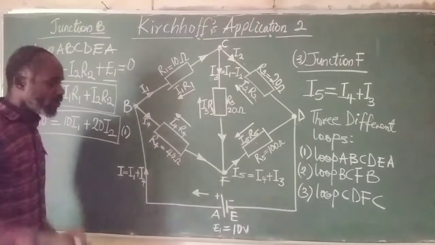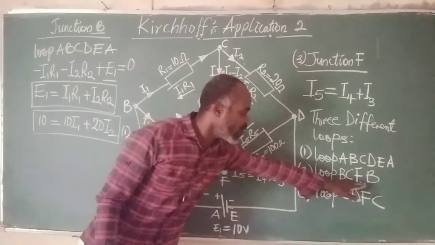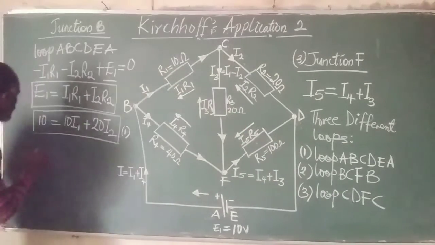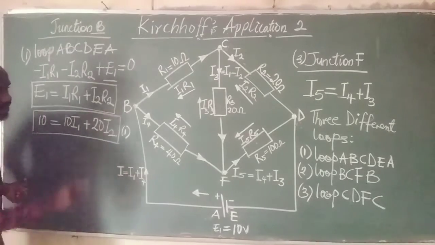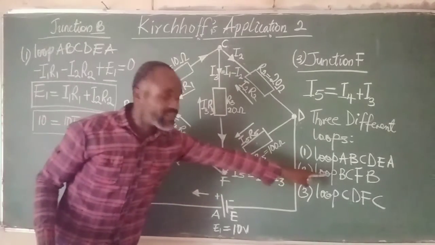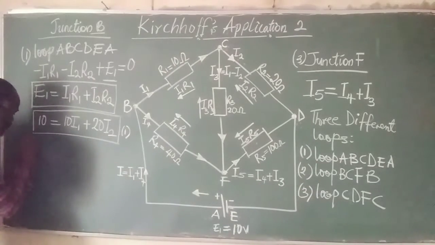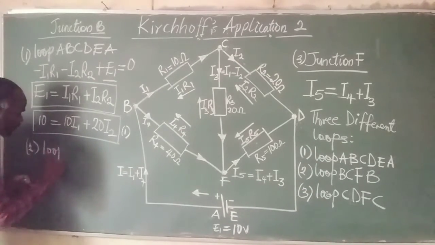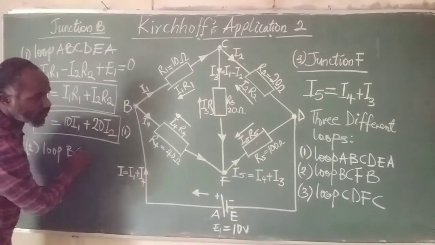Also, we are going to generate another equation using another loop. Loop BCFB. The second one; this is the first one. The second one is loop BCFB. So we have the second loop, loop BCFB.